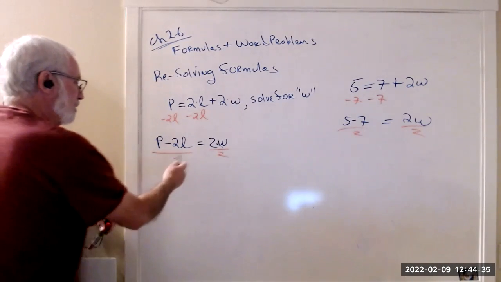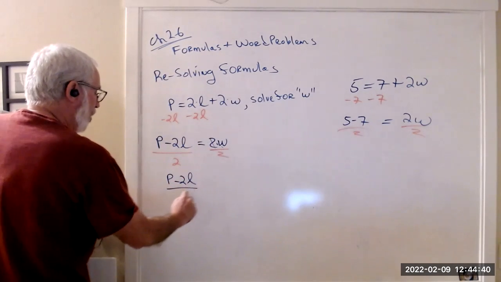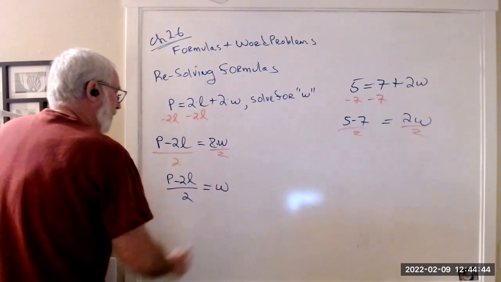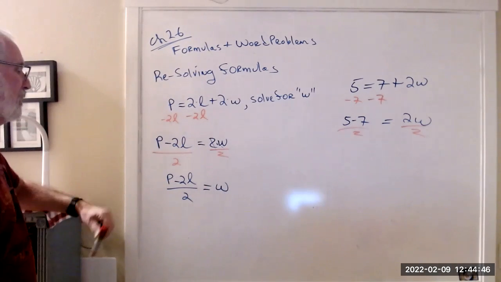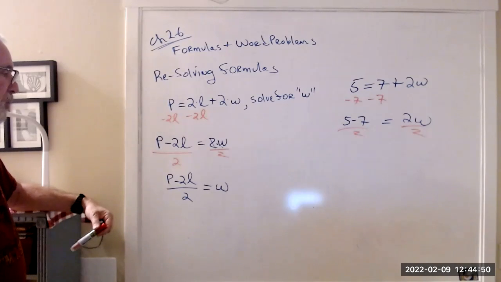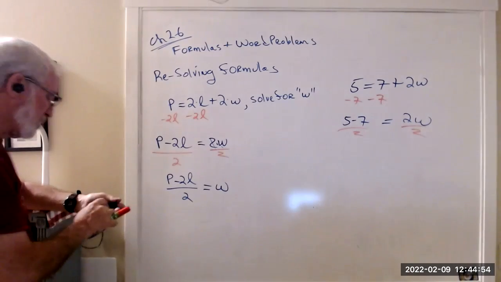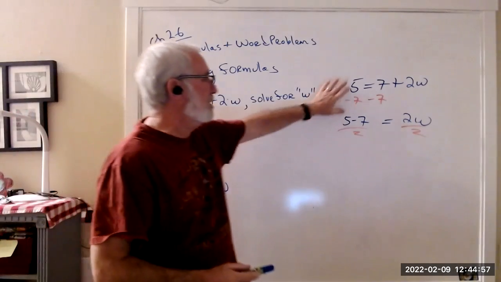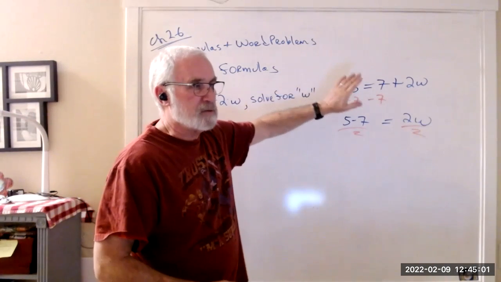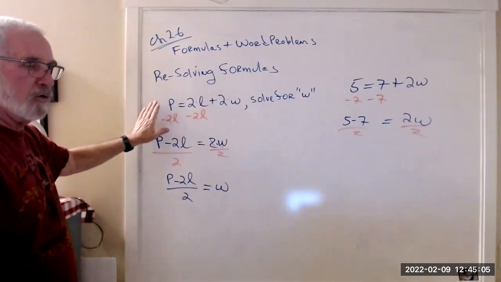And then I get this answer, these cancel, so I have P minus 2L all over 2 equals W. And I have taken this problem and I have solved for W. I got W by itself. What I did was I made up a similar looking equation, asked myself, what do I do here? And I do something similar over here.